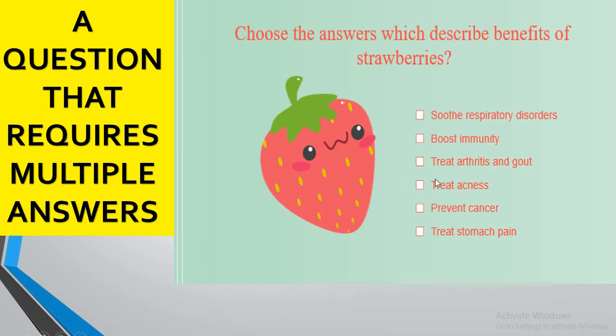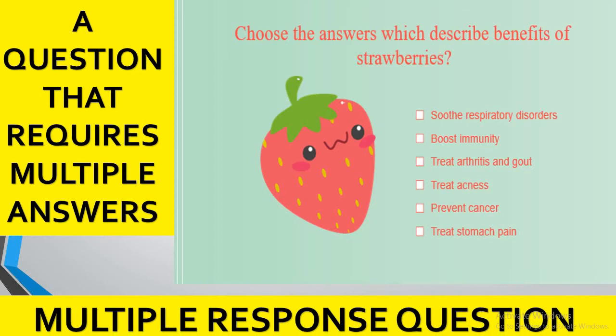As you can see, there are 6 choices: soothe respiratory disorders, boost immunity, treat arthritis and gout, treat acne, prevent cancer, and treat stomach pain. Here, they're not just going to choose one answer, but they can choose 2 or more. A question that requires multiple answers is what we call a multiple response question.